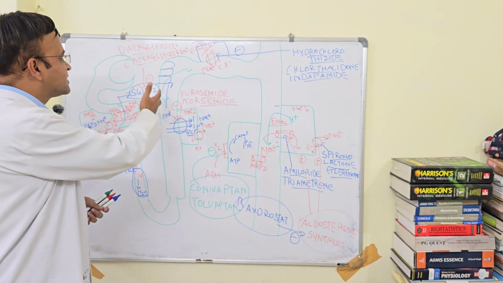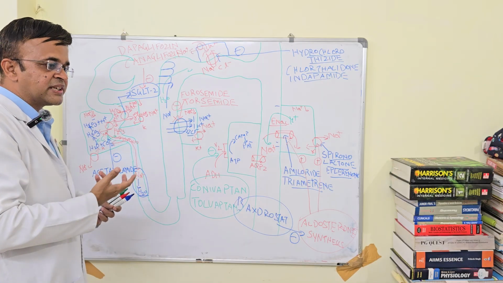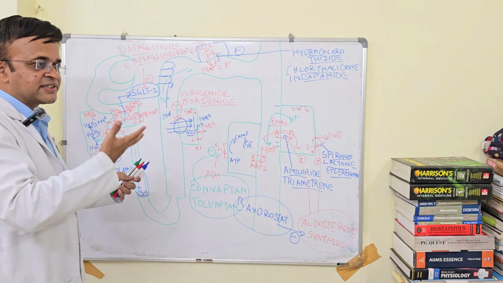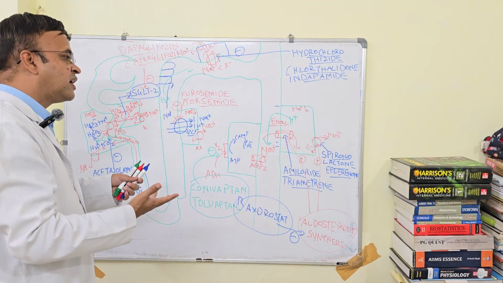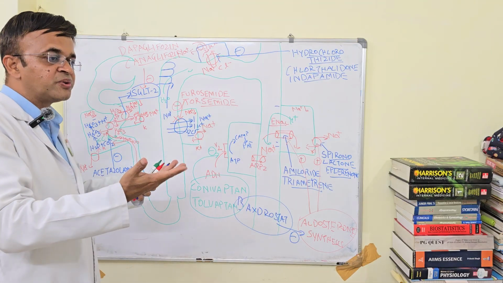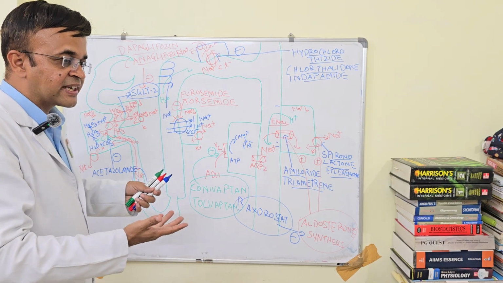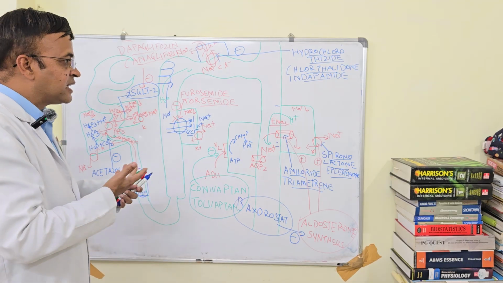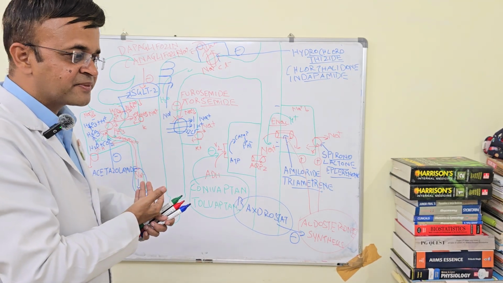Now it's a very important compound in the sense that it also helps in understanding how exactly tea makes you feel fresh. So caffeine and theophylline are basically adenosine receptor blockers.